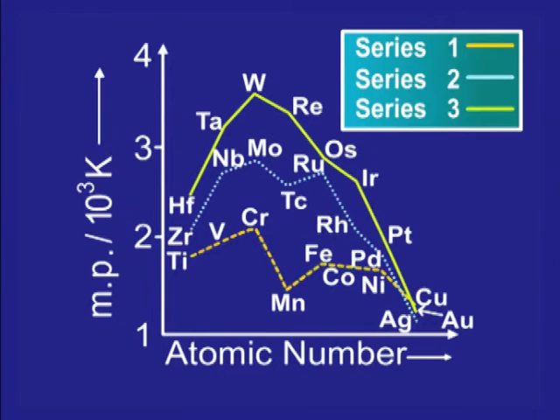Moreover, in each transition series, the melting point increases with increase in atomic number and becomes maximum in the middle because at the middle the elements have d5 configuration, which has the maximum number of unpaired electrons. The melting point decreases towards the end as the electrons get paired up.